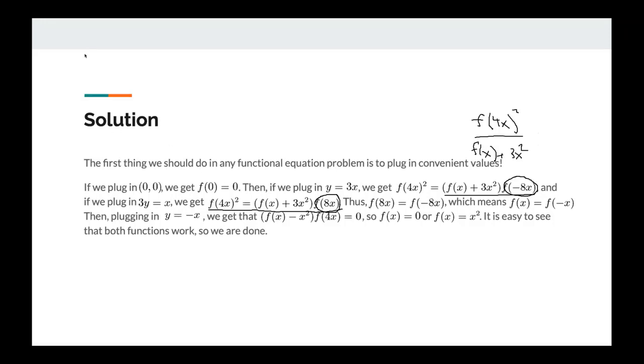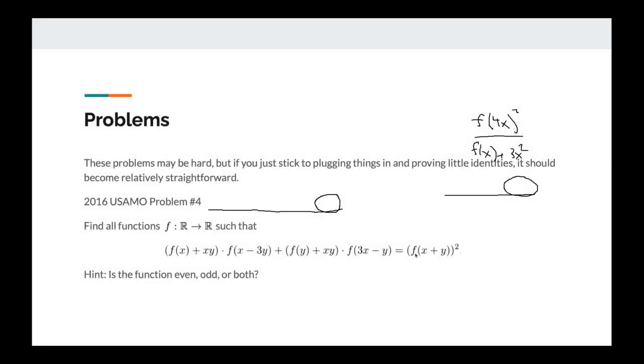So the way we can do that is we plug in y equals negative x. And the way this helps is because, first of all, it cancels out the term on the right. And because our function is even, it makes the first term and the second term combine together.